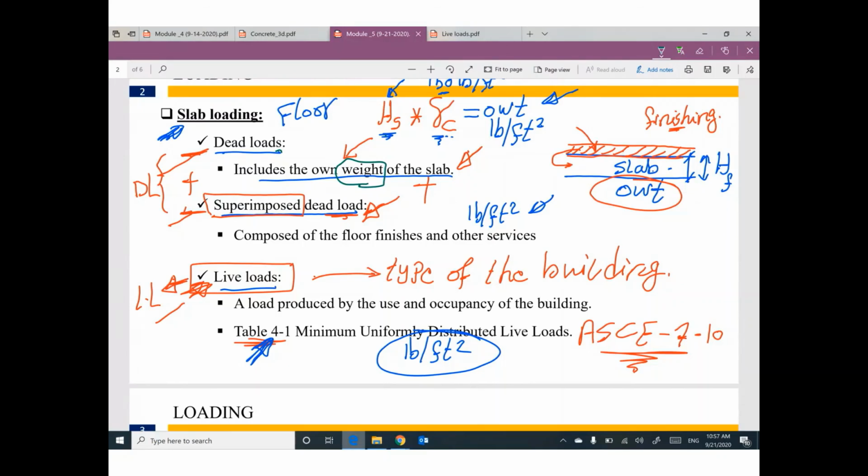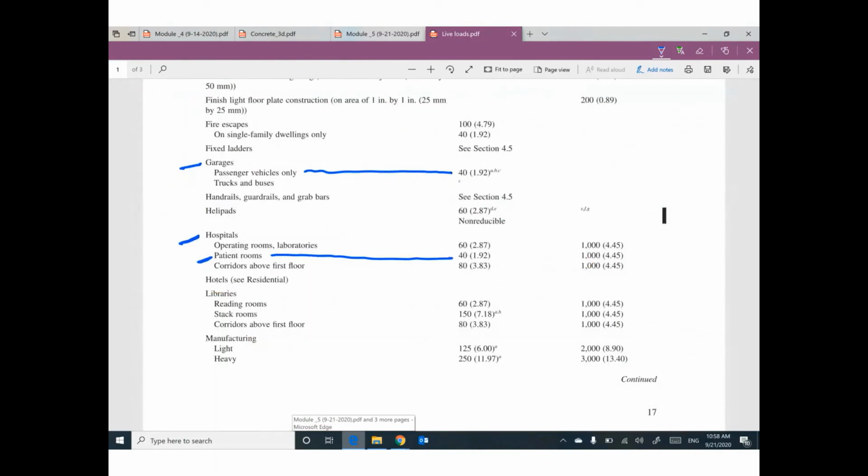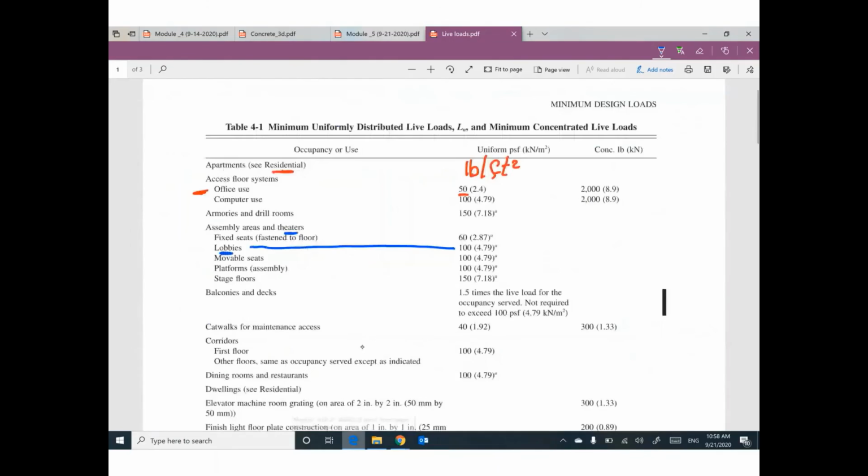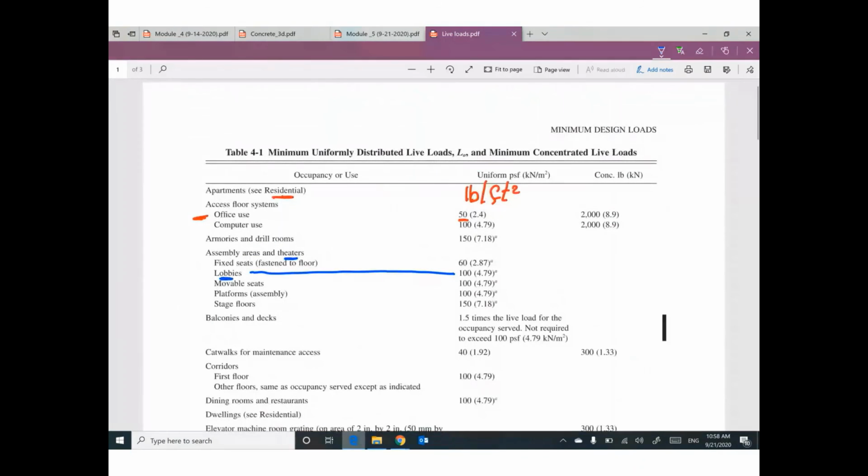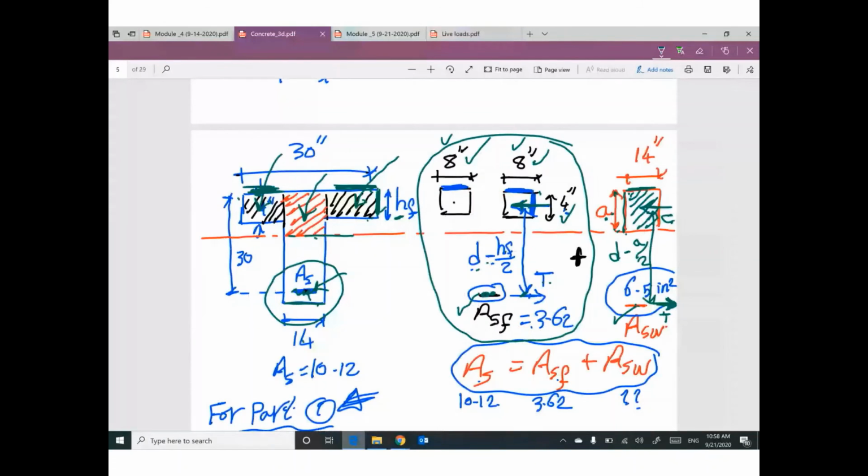And we have live load. Probably the live load, if not given, search in the problem. What is the type of function of this building? Is it hospital, garage, residential building, or whatever? Then open the table to figure out the value of live load in pounds per square foot. So please put your hand on these three values.